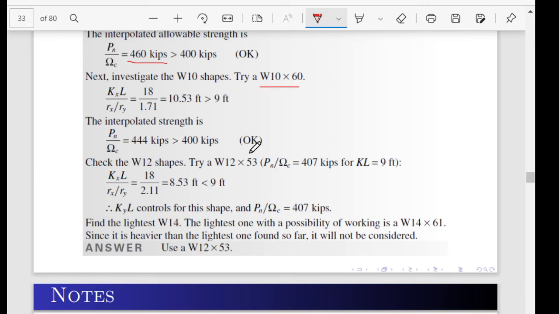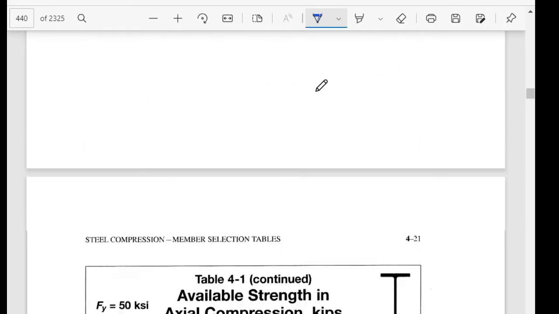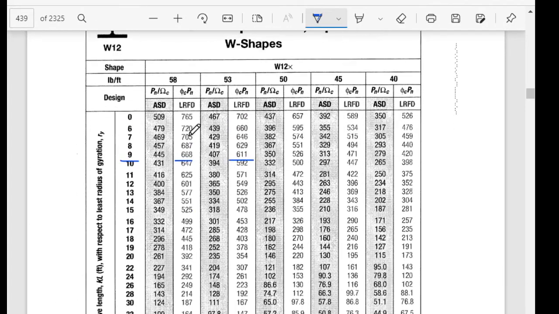So if we look at the W12 shape, assume again that your effective length is 9 feet in the weak axis. So, look at W12, 9, and it is ASD, right? Greater than 400. So, we have this one, 407. W12 by 407 or W12 by 445.